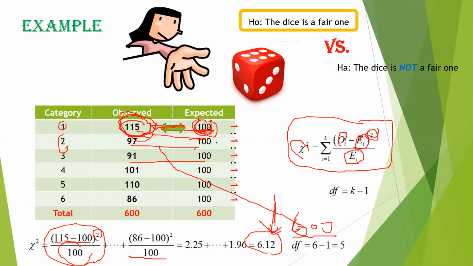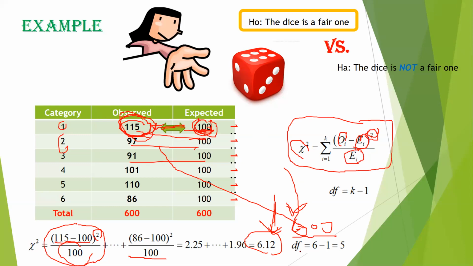In this case, you do not think your data supports your null hypothesis, and you reject the null hypothesis and say this test is not a failure, right? So we calculate this chi-square test statistic and use it as the evidence to show how well your data support your null hypothesis.